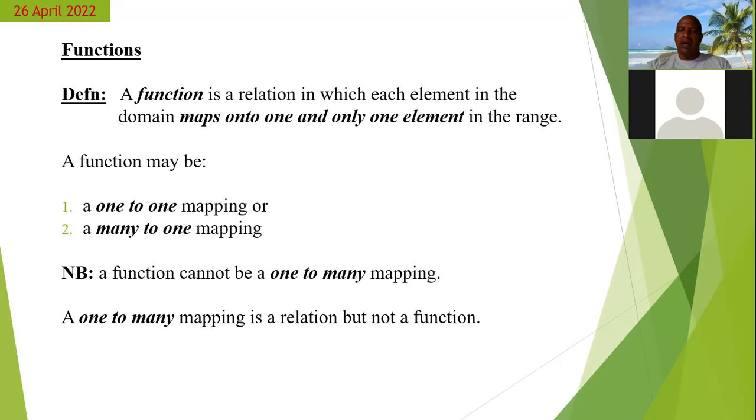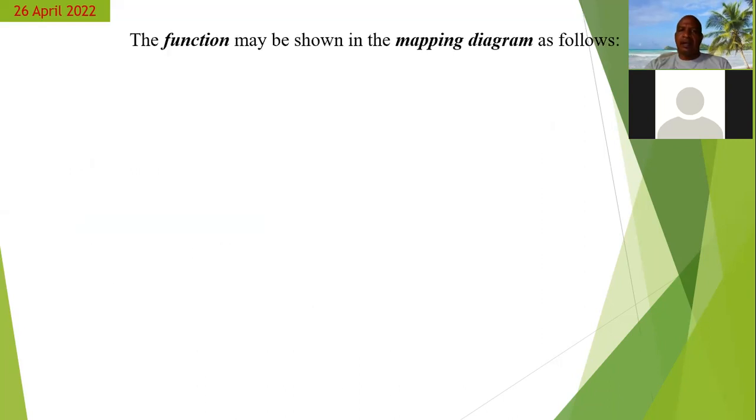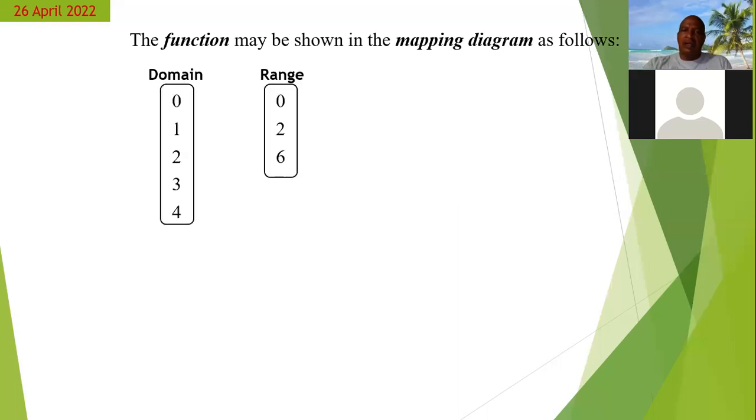So we don't call a one-to-many mapping a function. We just call it a relation. All right. The function may be shown in the mapping diagram below. So here, this is a mapping of a function.